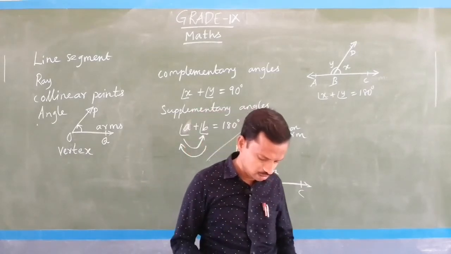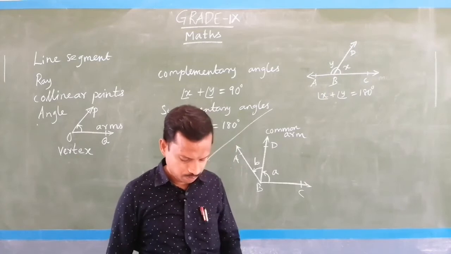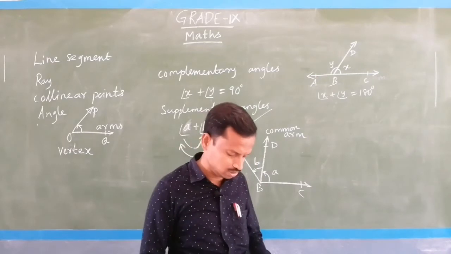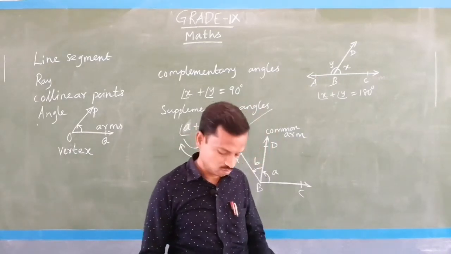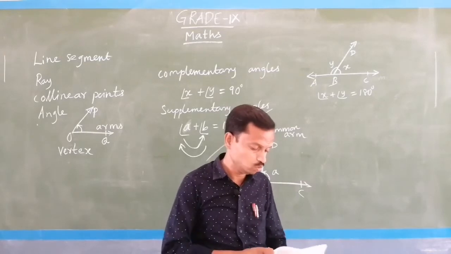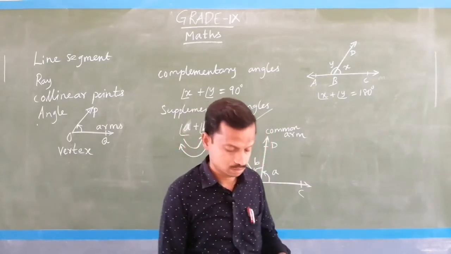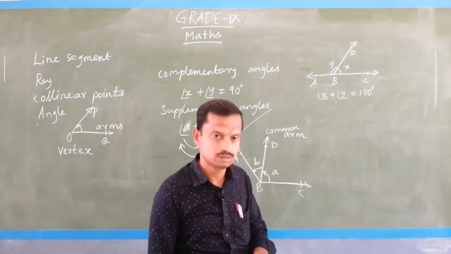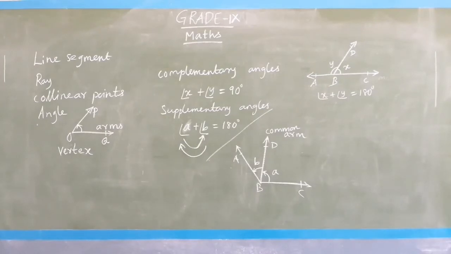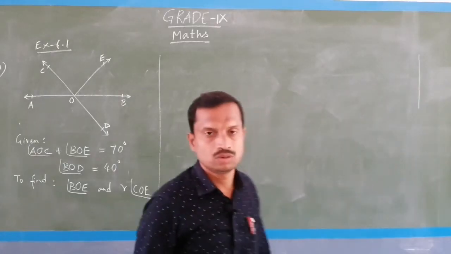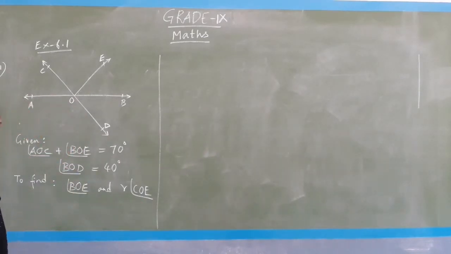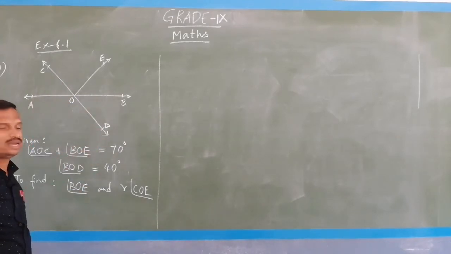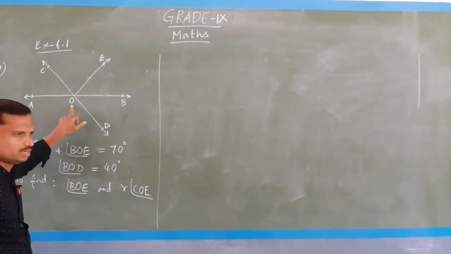So, we can write that one and then vertically opposite angles, that is VOA, I already told you. Vertically opposite angles are formed when two lines intersect each other, AB and CD are given, they intersect each other, then vertically opposite angles are formed. So, that alone you write and then we move to exercise 6.1. Now coming to exercise 6.1, the first sum: AB and CD are two lines that intersect at O. The diagram is there.